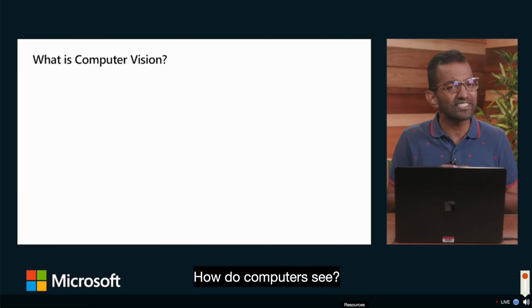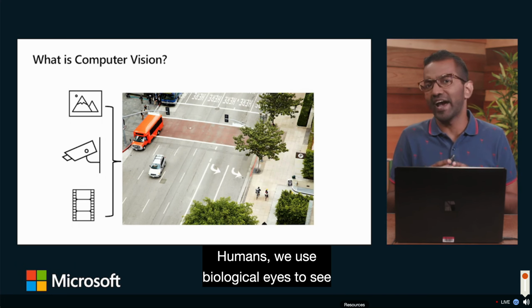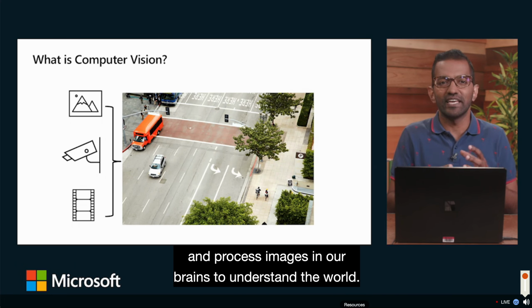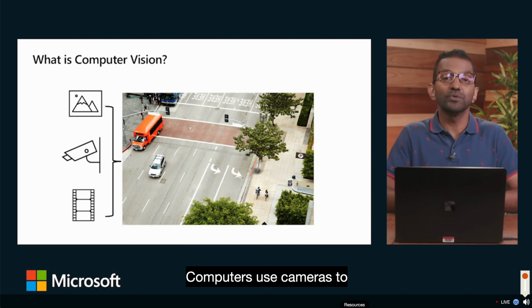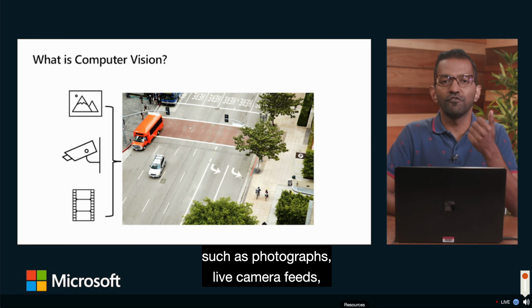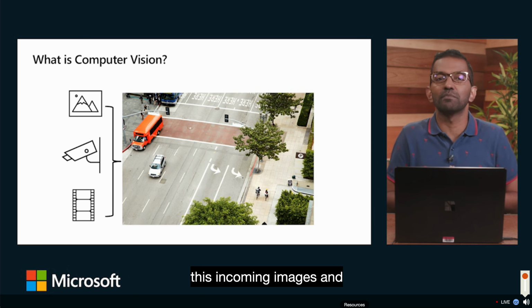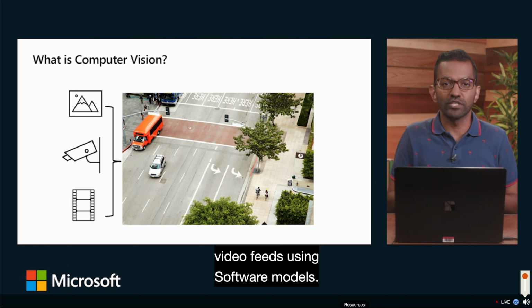How do computers see? Humans, we use biological eyes to see and process images in our brains to understand the world. Computers use cameras to obtain visual input through digital images such as photographs, live camera feeds, or recorded video files, and then process these incoming images and video feeds using software models.